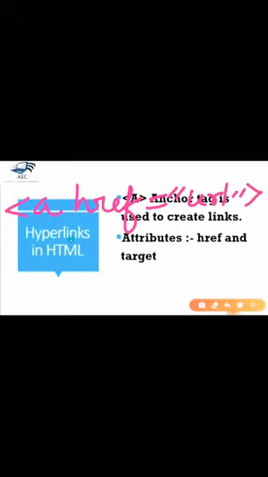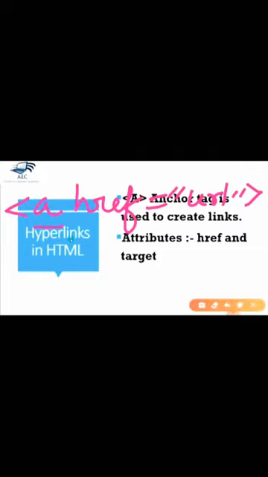And then we put the close angle bracket. Between the opening and closing anchor tags there will be a text which will be underlined with a color, so that you can recognize it.